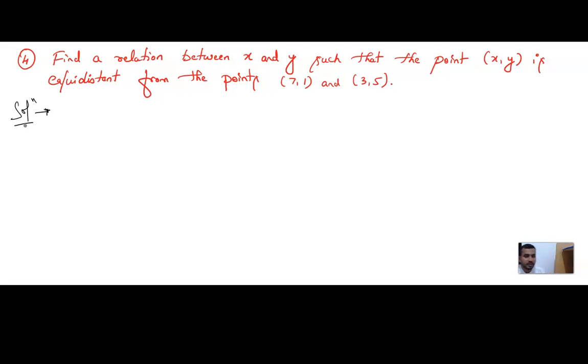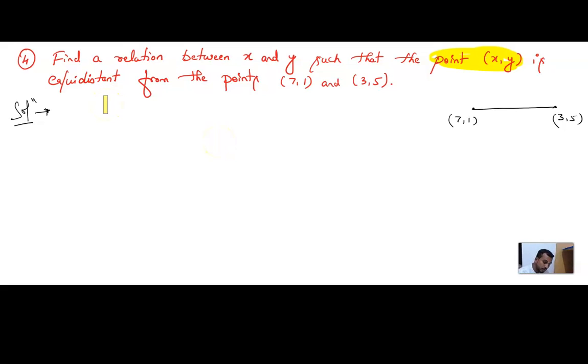So what exactly is the meaning of this question? Let's see, children. Here we have 2 points. The first point is 7 comma 1, and the second point has coordinates 3 comma 5. So these are the 2 points. The question is to find the relation between x and y such that the point x comma y, can you see this point x comma y, is equidistant.